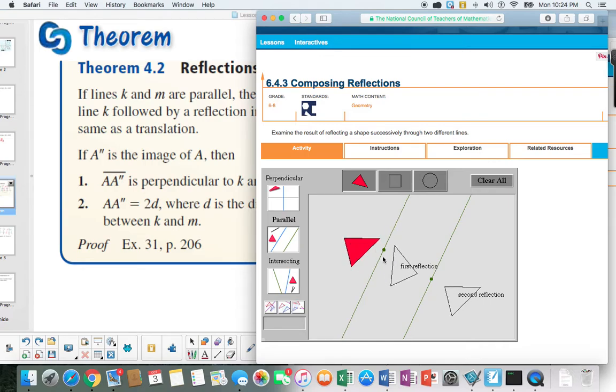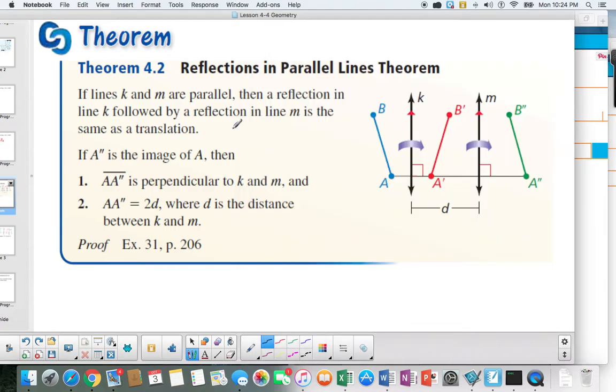And you can see that even when I change these things, from the original to the second reflection, it just looks like a translation. Like this just got scooted over here. And that's what this is saying: if you go through two reflections over parallel lines, it's as if it's a translation.